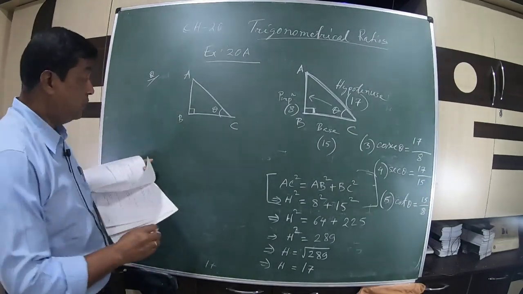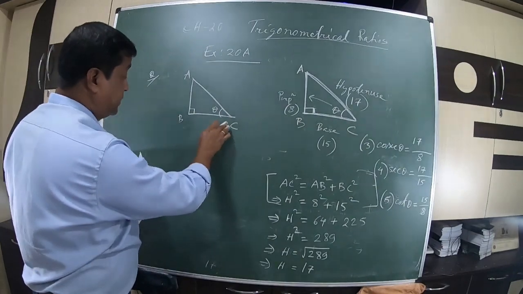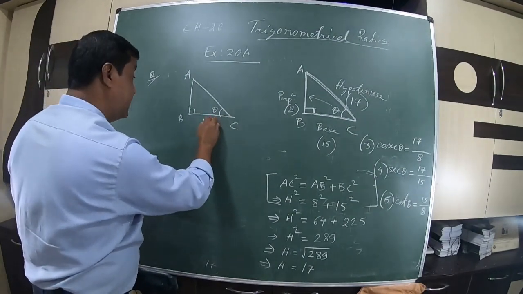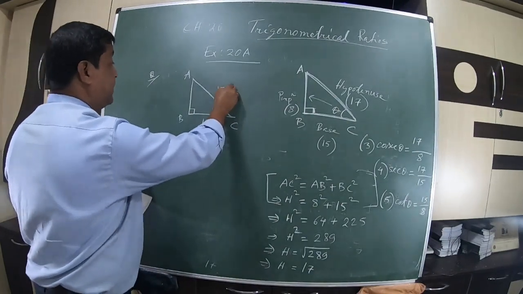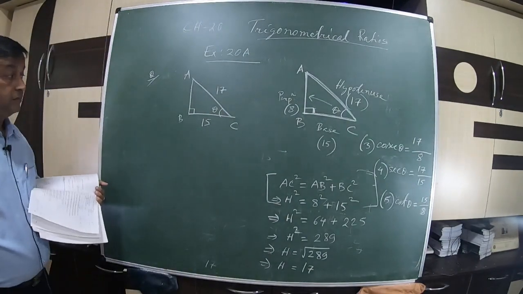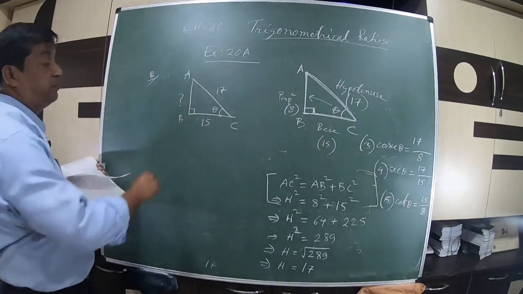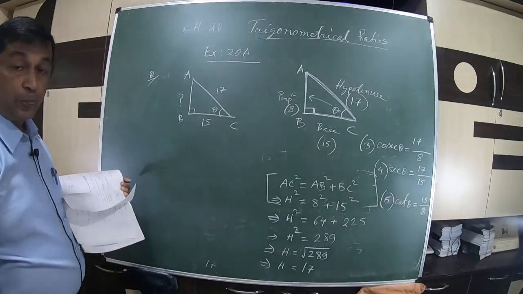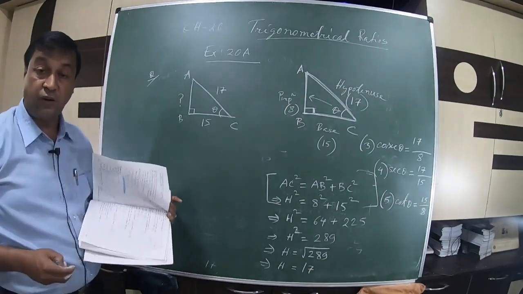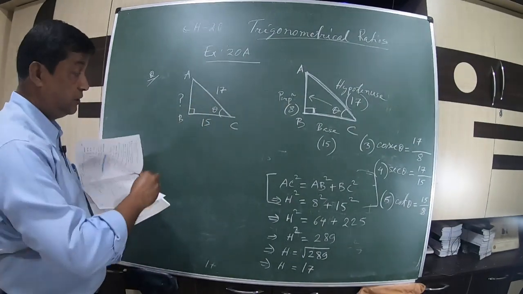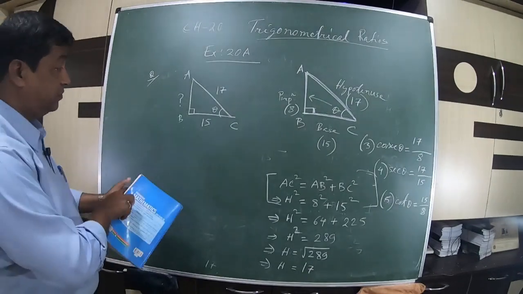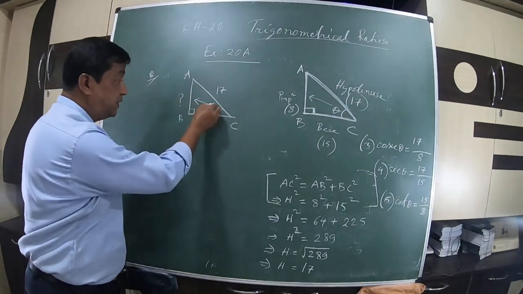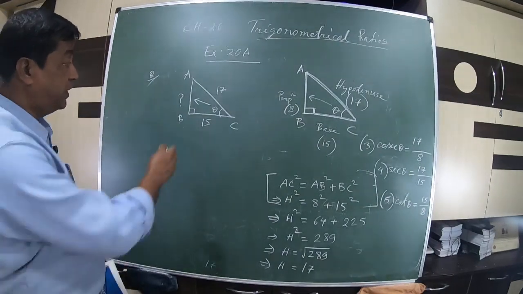Here it is given 15, and this is 17. Now if you don't know AB, the perpendicular, how to find it? In some ratios you need the perpendicular also, not only the base and hypotenuse. This is the perpendicular because this side is opposite to the given angle theta.